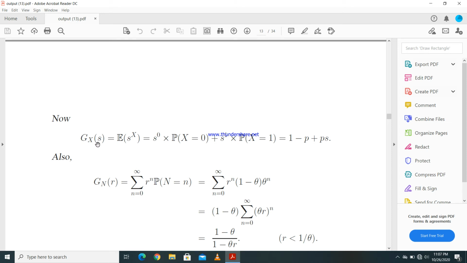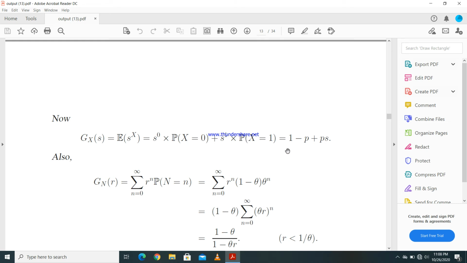Now G_X(s), that is the probability generating function of X, is equal to the expected value of s to the power X. So X can take only two values, 0 or 1. So s to the power 0 into probability X equal to 0, plus s to the power 1 into probability X equal to 1.